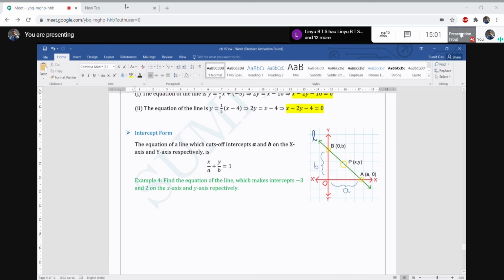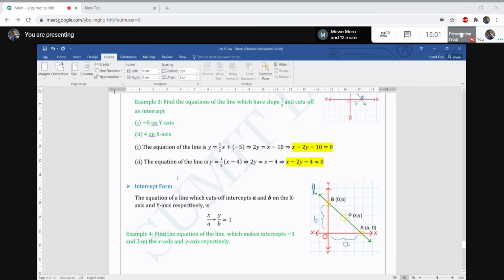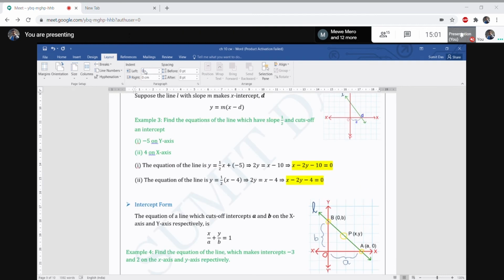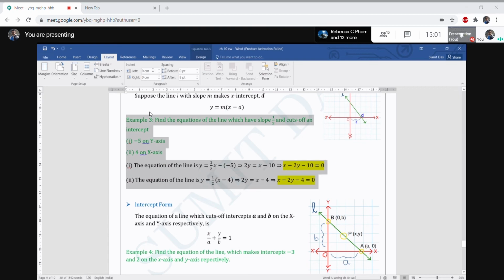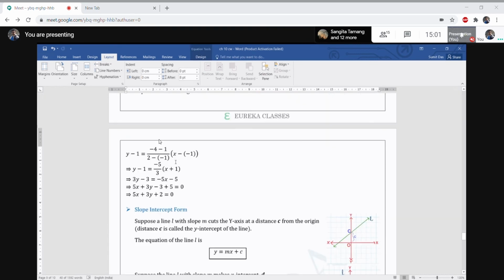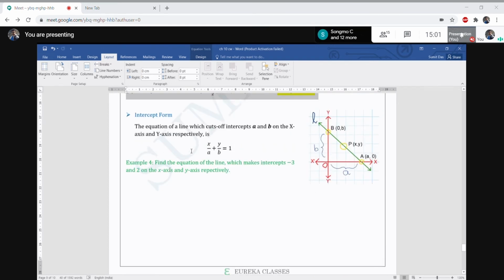Example. In this example, it is saying to find the equation of the line which makes intercepts minus 3 and 2 on the x and y axes respectively.